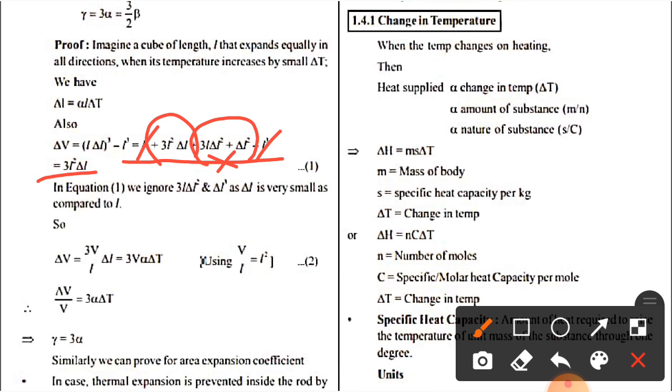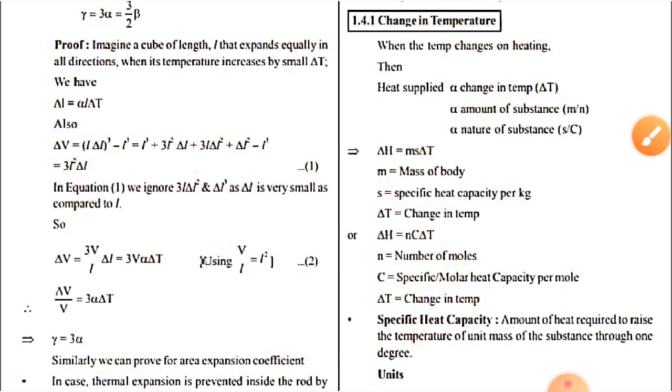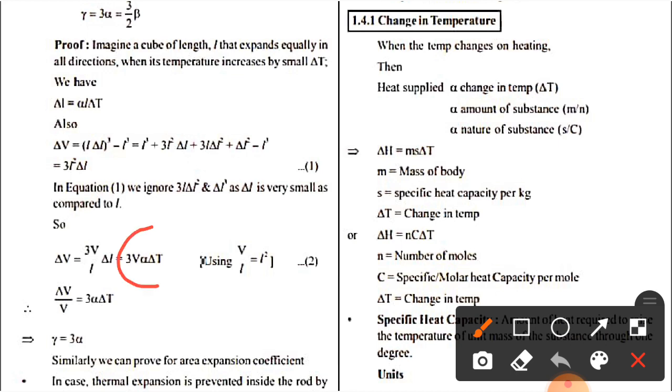Now we can put in that formula, delta V now becomes 3V upon L delta L. So now we get 3V alpha delta T, which is delta V. Now V goes to the denominator, delta V upon V is equal to 3 alpha delta T, right?